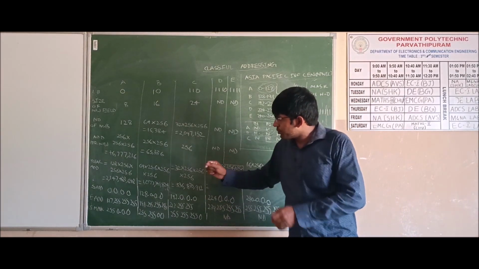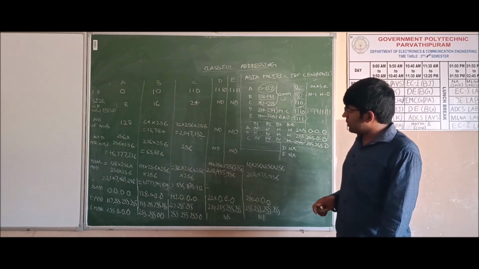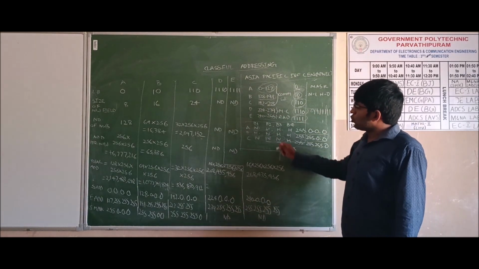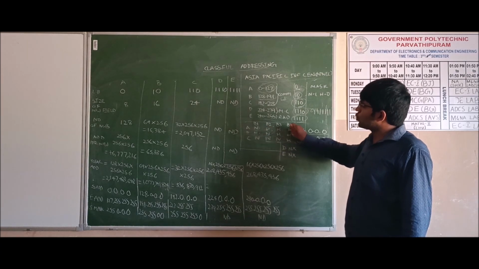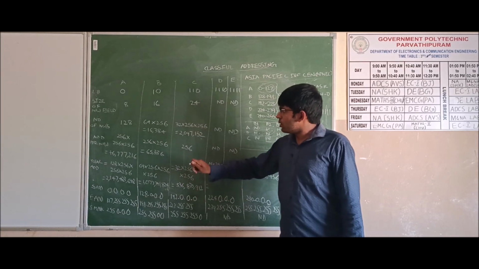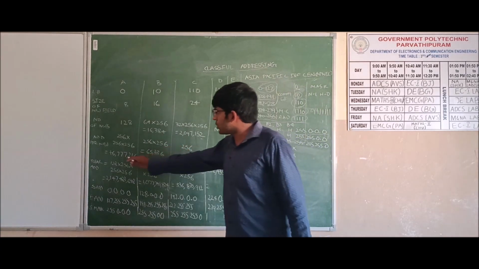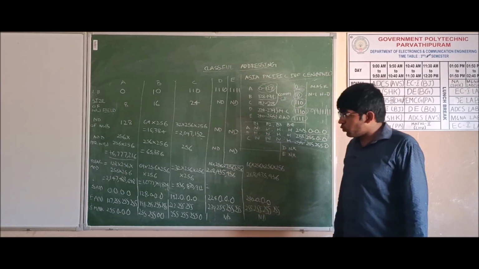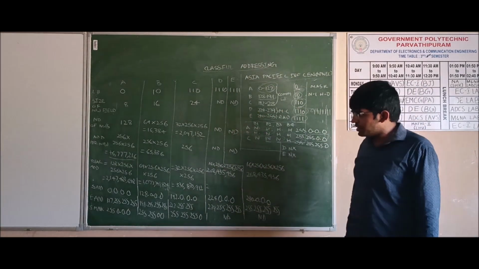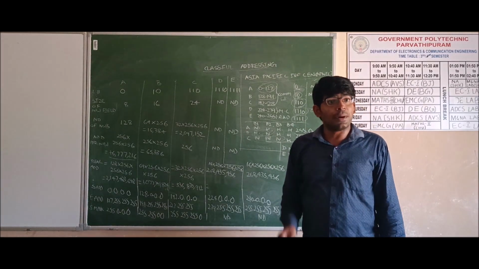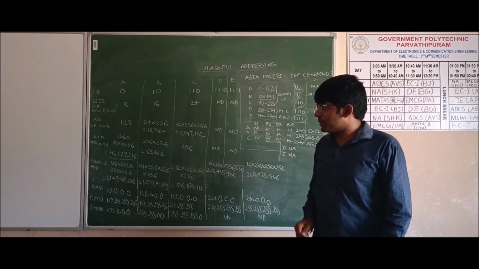Similarly, the addresses per network in class A is 256 into 256 into 256. So it is 1 crore 67 lakhs 77,216 addresses we can address in each network.